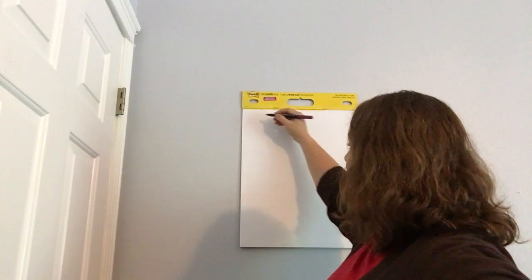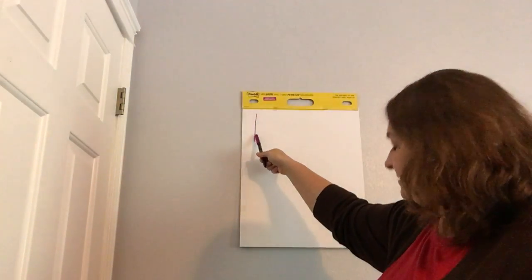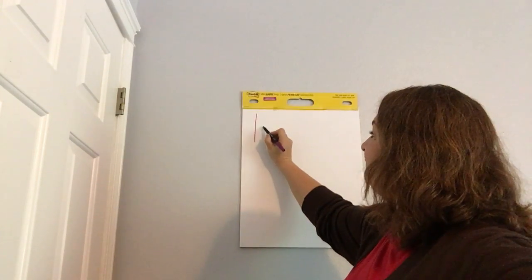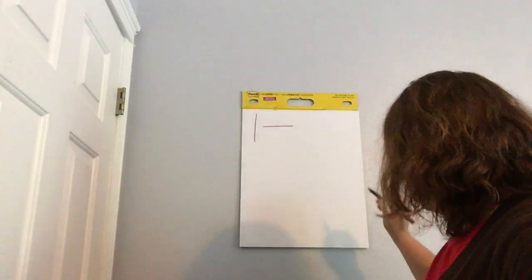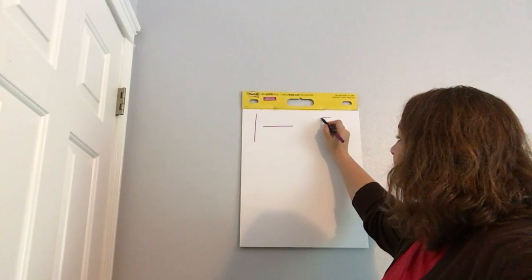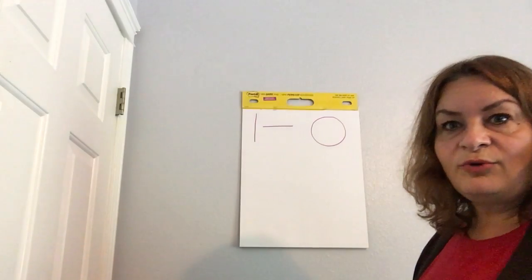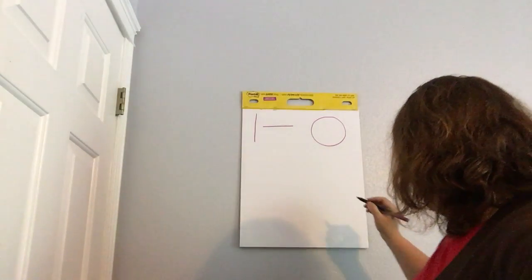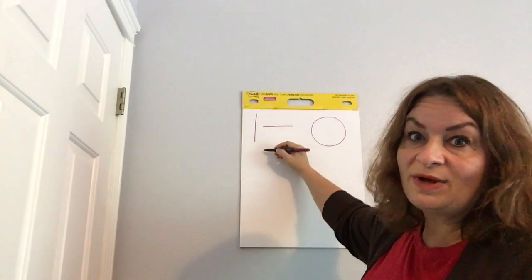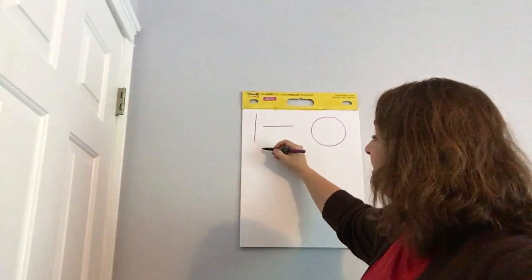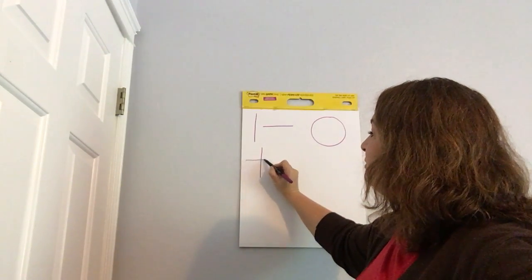So for a 2-year-old, this is appropriate. For a 2.5-year-old, this line is appropriate. For a 3-year-old, a circle is developmentally appropriate. For a 3.5 to a 4-year-old, this is the one that Monkey had a hard time with. Start at the top, go down, go over to the side and through.